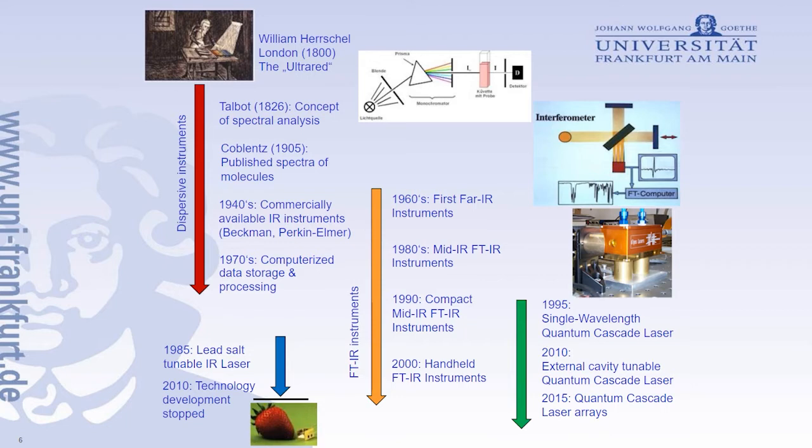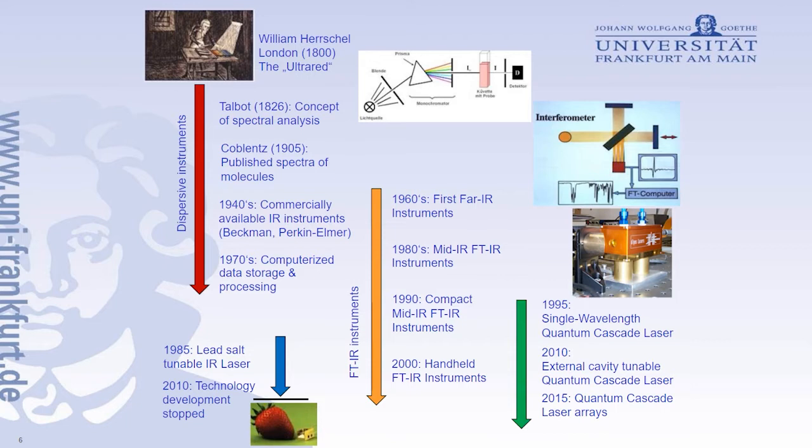So until the 70s, it was basically a method used in chemistry labs for identification of compounds and characterization of simple molecules. The limitation of the technique was always clear. We'll come to that point in a second.